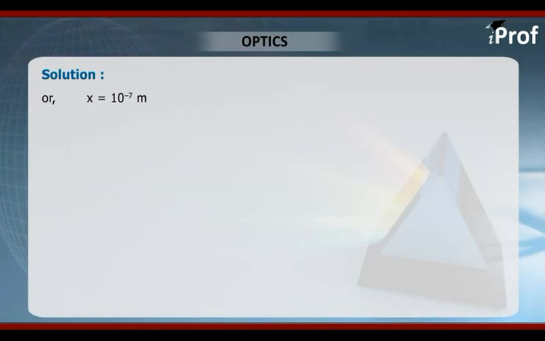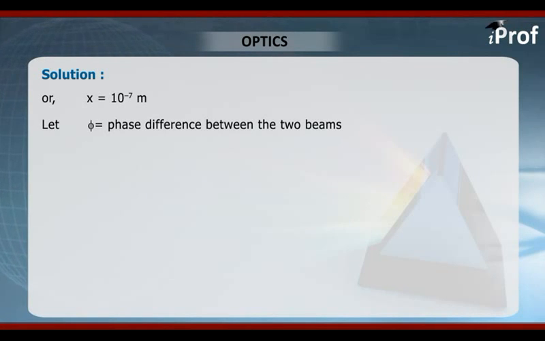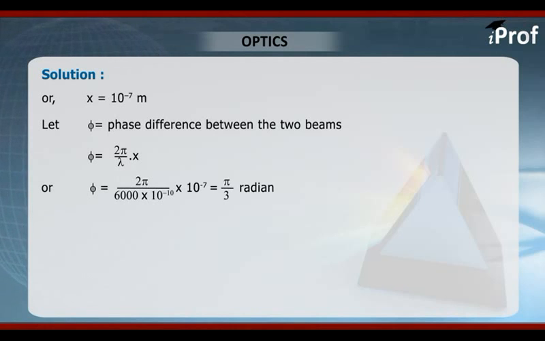Now we can calculate the path difference and its equivalent phase difference. We know the relationship between phase difference and path difference, that phase difference will be 2 pi over lambda into path difference. So when we make the substitution, we get the value of the phase difference as pi by 3 radian.